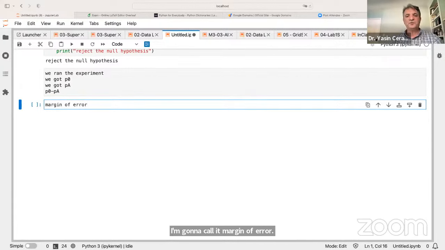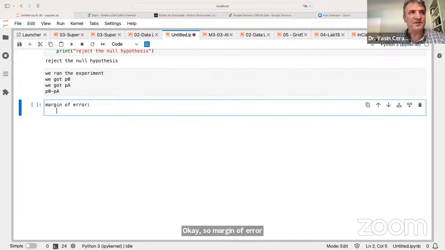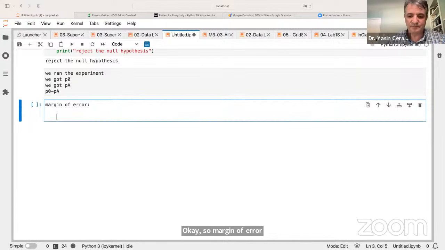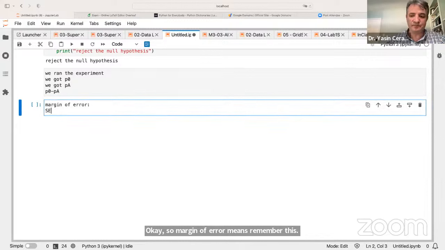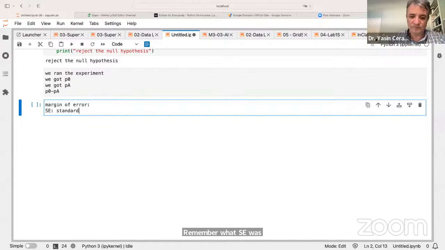Margin of error means, remember this. Remember what SE was? The standard deviation of the pooled group.